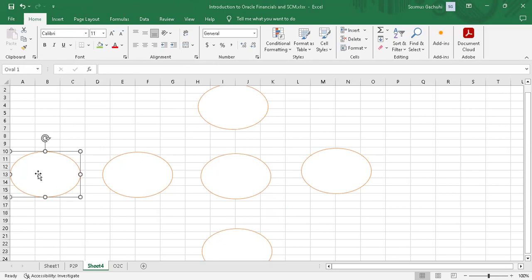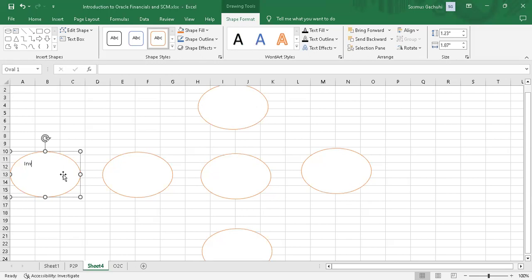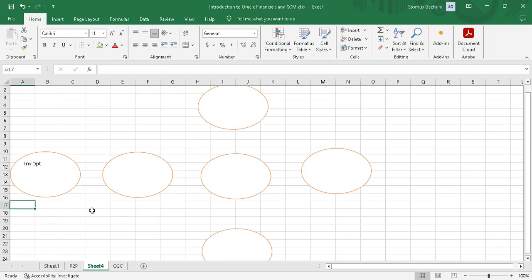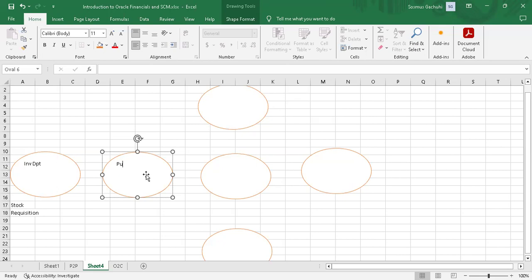So this is our inventory department, whereby we usually maintain stock and we do stock liquidation. Then we have the purchase department. Then we have the payables department.